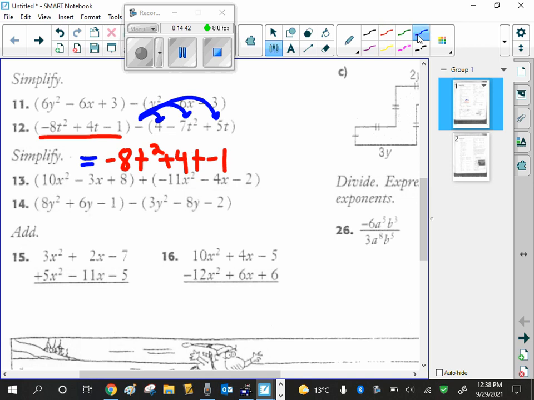Now the blue ones, all these signs change inside that bracket. So 4 becomes subtract 4. -7t squared becomes plus 7t squared. And plus 5t becomes subtract 5t. Okay, so look to see if you made any sign mistakes. Hopefully you didn't. Now I'll give you a chance to collect like terms.